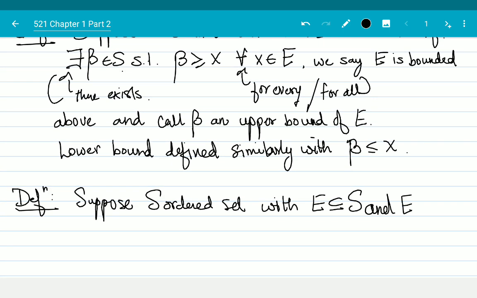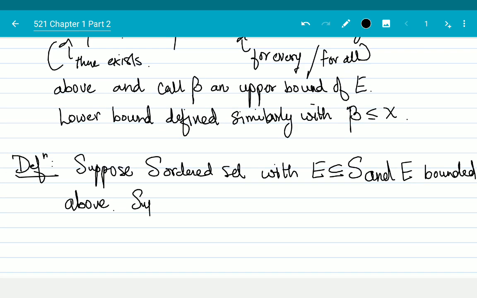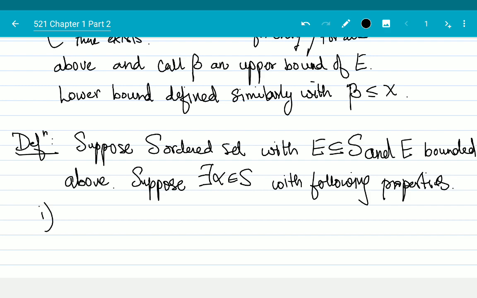Suppose there exists an alpha in S with the following properties. What are the properties? Well, first, alpha is an upper bound of E.